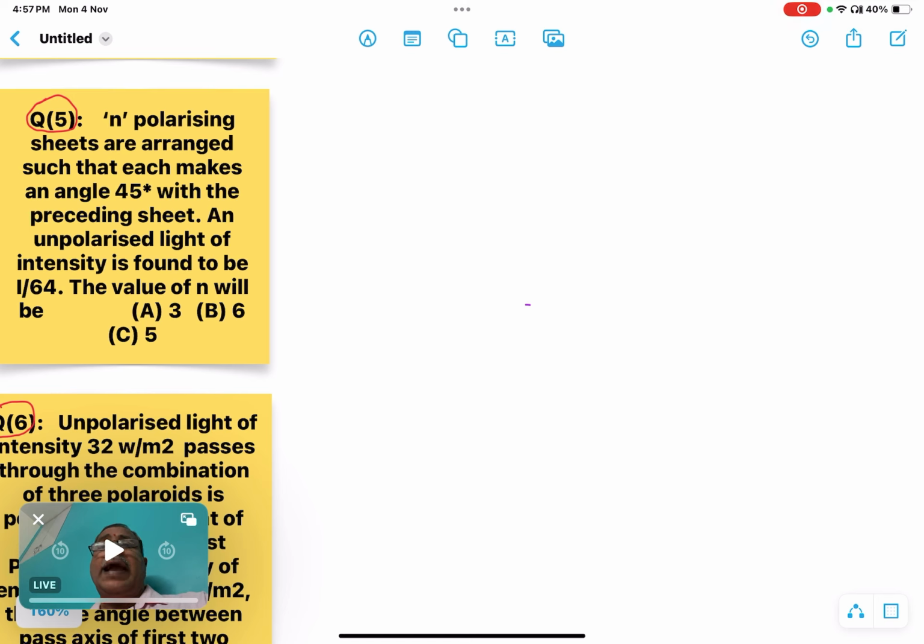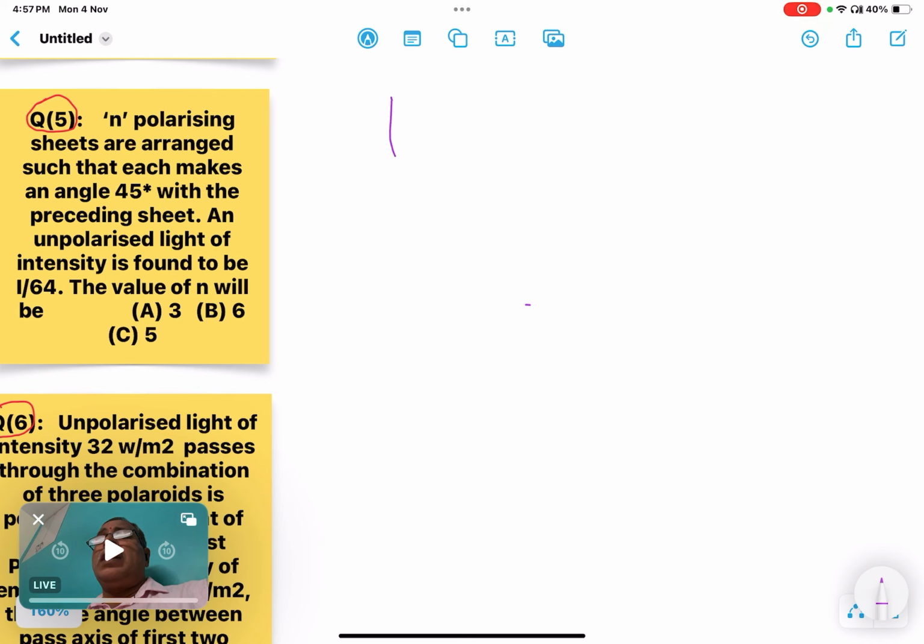So the unpolarized light intensity is found to be I by 64. The value of N will be how much?